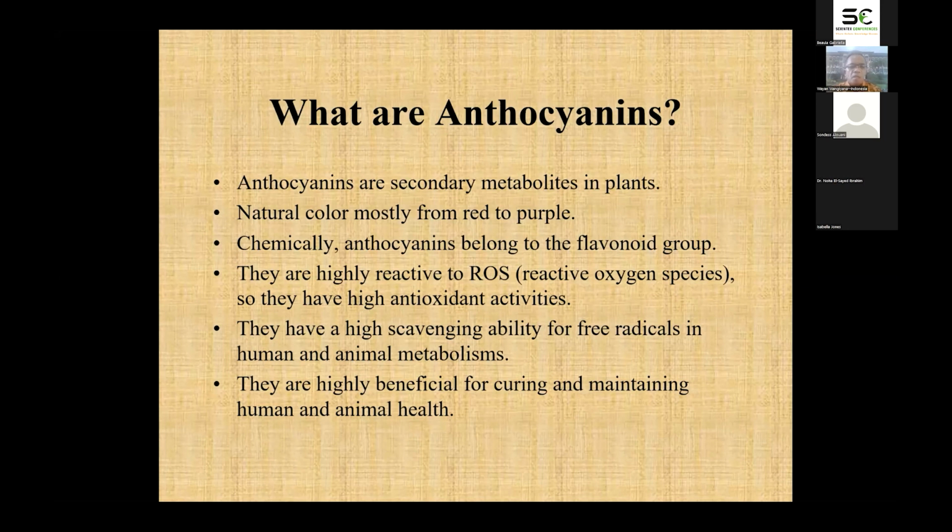They are highly reactive to reactive oxygen species, and so they have a high antioxidant activity. They have a high scavenging ability for free radicals in human and animal metabolism, and they are highly beneficial for curing and maintaining human and animal health. We will talk about that a little bit later.